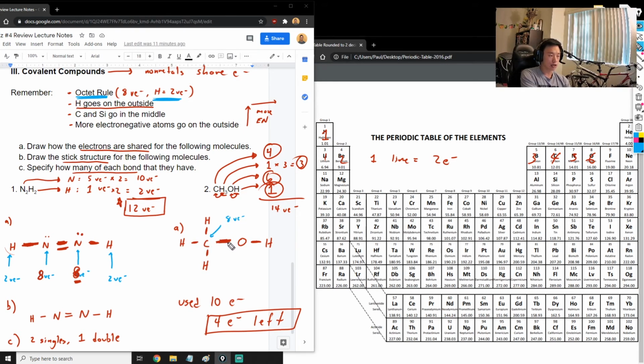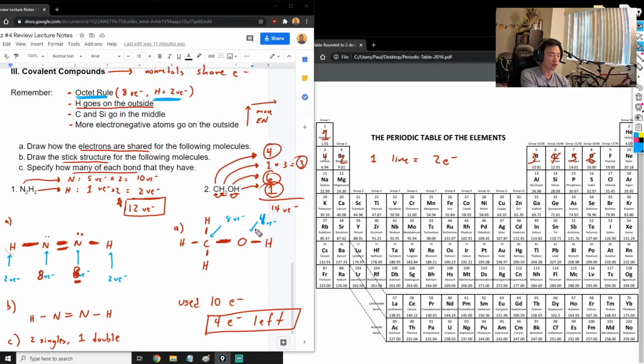But oxygen has only 2, 4. It only has 2 lines connected to it. Oh, I'm so sorry. It's using 4 valence electrons, because there's 2 lines. Sorry about that. Disregard what I just said.